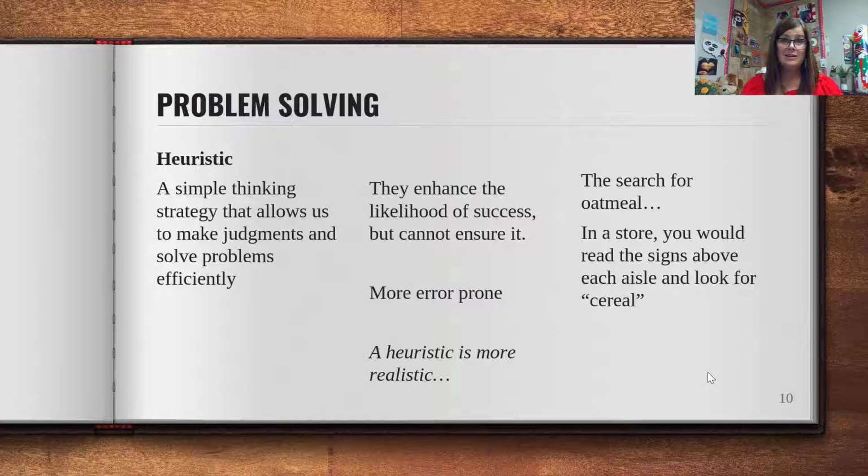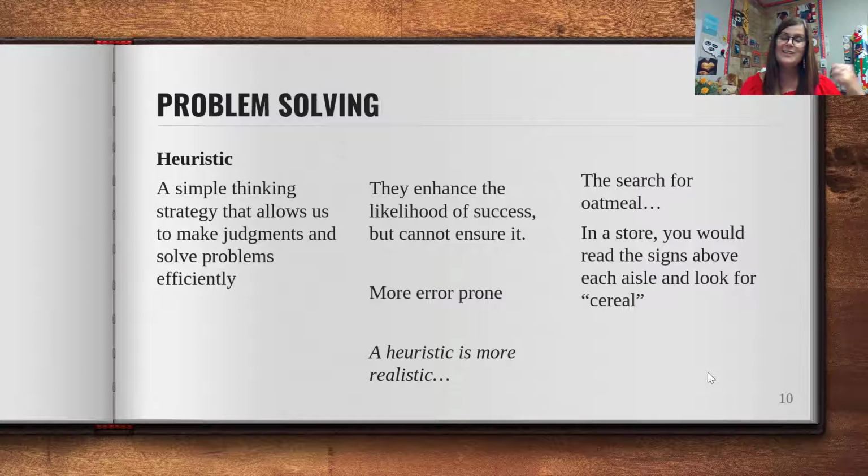A heuristic is a simple thinking strategy that allows you to make judgments and solve problems efficiently. So you are enhancing your likelihood of success. It's not a guarantee though. A heuristic is not a guarantee. You're not always going to get a solution, and you might actually encounter some errors. But the great thing about a heuristic though is it is more realistic.